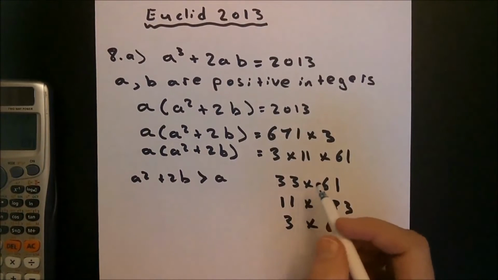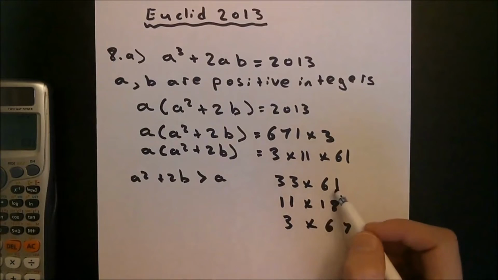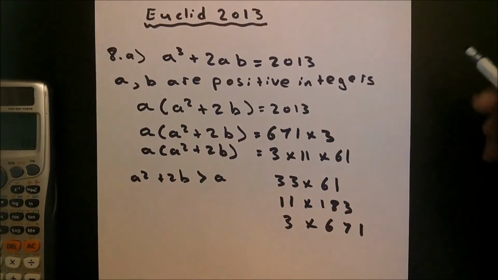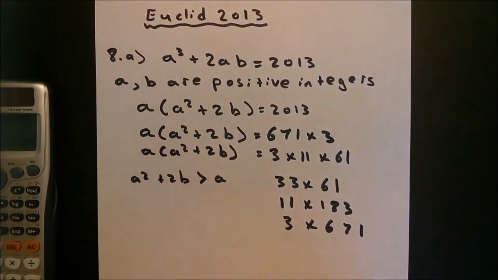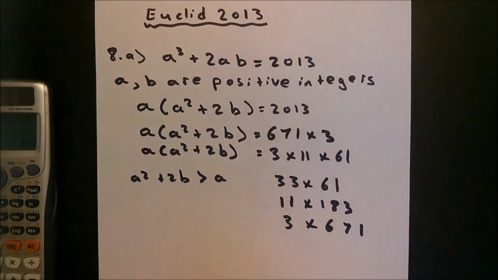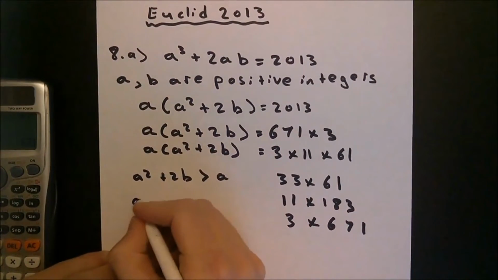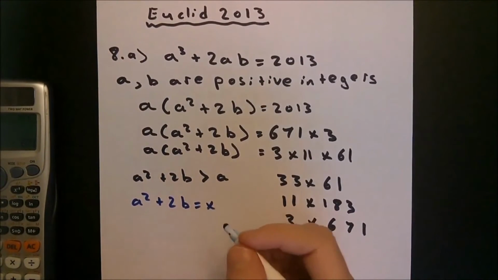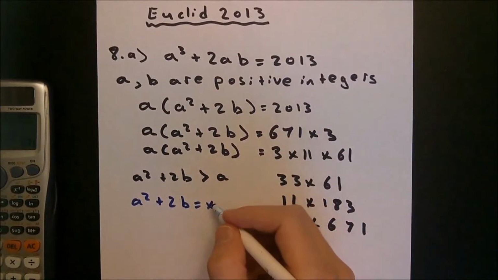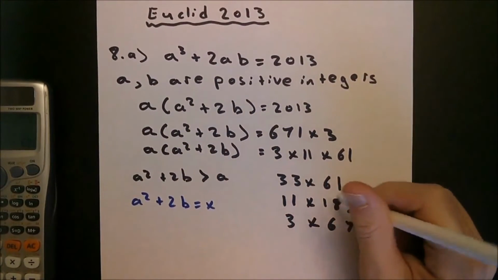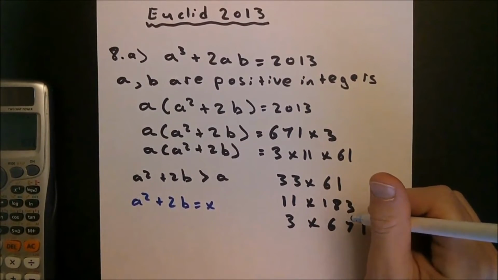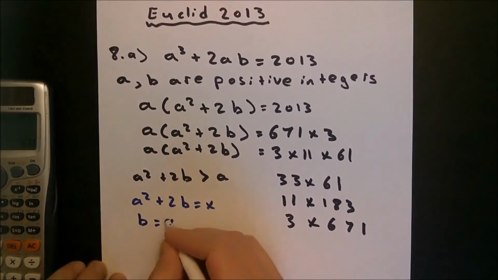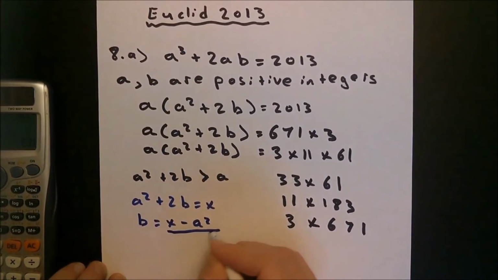Okay, so for the first one, let's suppose that a equals 33, and let's solve for b. So we're basically trying to solve the equation a squared plus 2b equals x, where x is going to be the higher number on the left-hand side. So for b, we can just write that as b equals (x minus a squared) over 2.